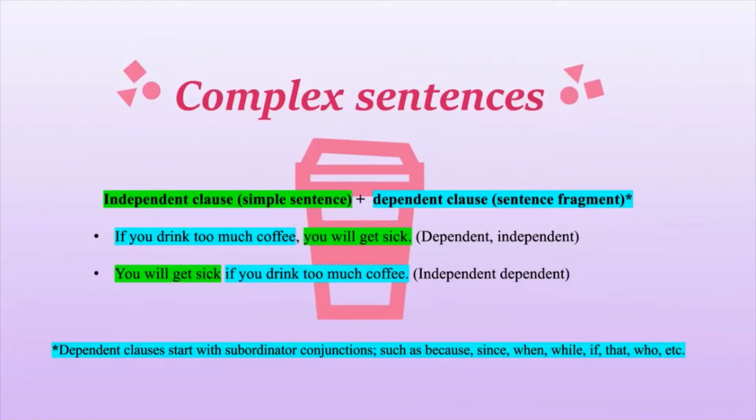So, taking up the last example, we should link the clauses by a comma when the dependent clause starts the sentence, like this: If you drink too much coffee, comma, you will get sick. On the contrary, when the independent clause starts the sentence, the comma is not needed, nor any punctuation mark apart from the period at the end, like this: You will get sick if you drink too much coffee.